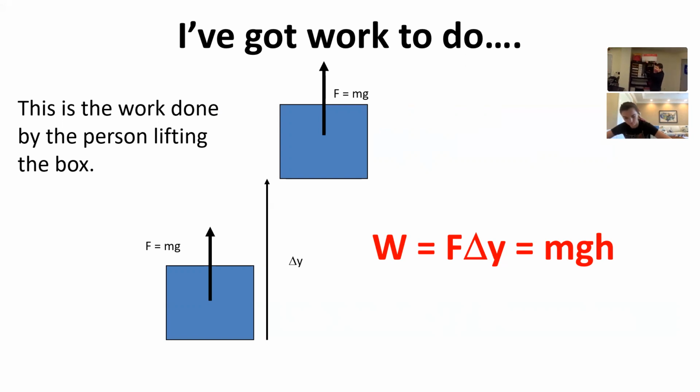So I've done work because I've applied a force and moved it through a distance. And now it's got more gravitational potential energy because it's higher. So my work has changed its gravitational potential energy by putting it on a higher shelf. That's kind of a physical representation of what we're talking about. And like I said, we'll dig in more to the specifics on Monday, but I just want to start to get you thinking along those lines today. Any questions about that though?